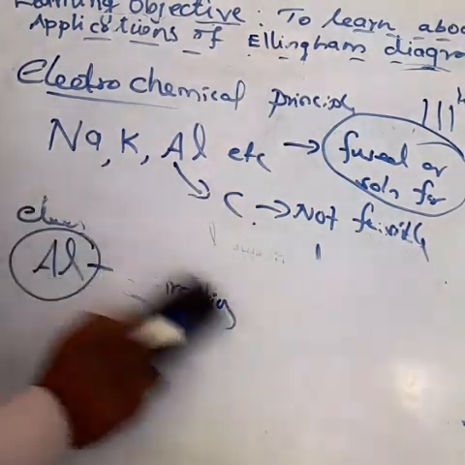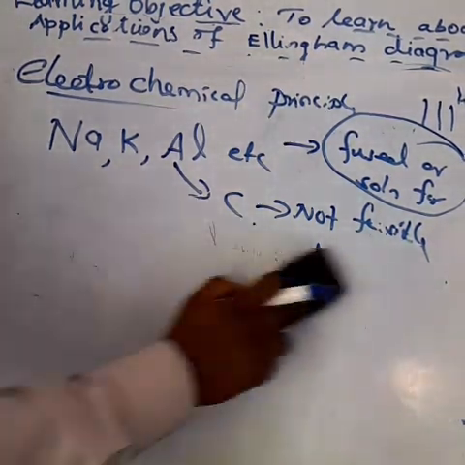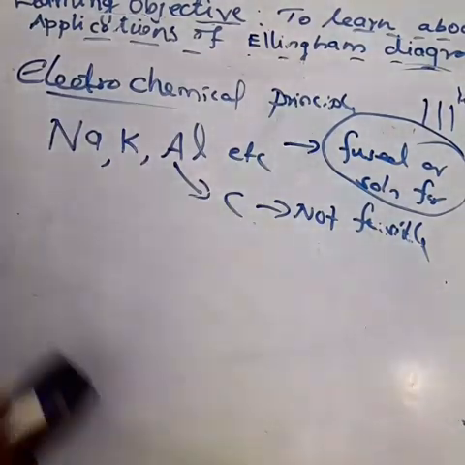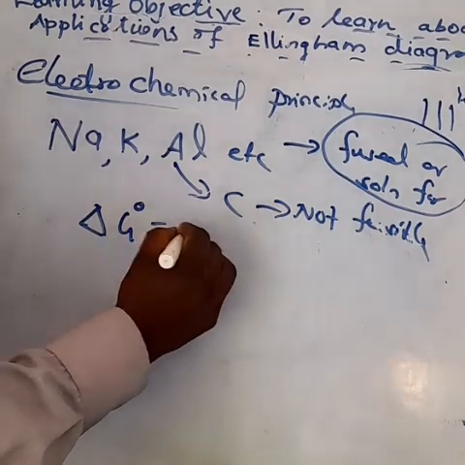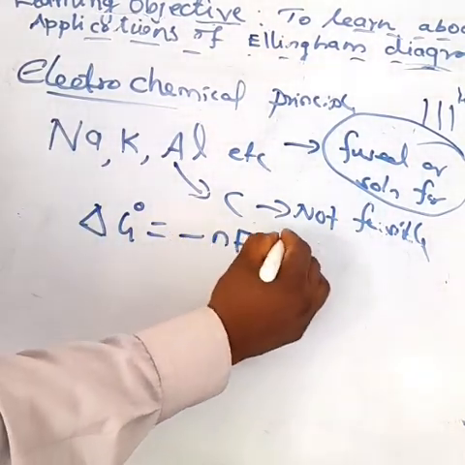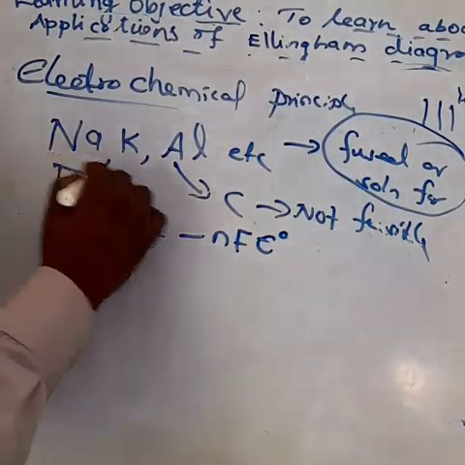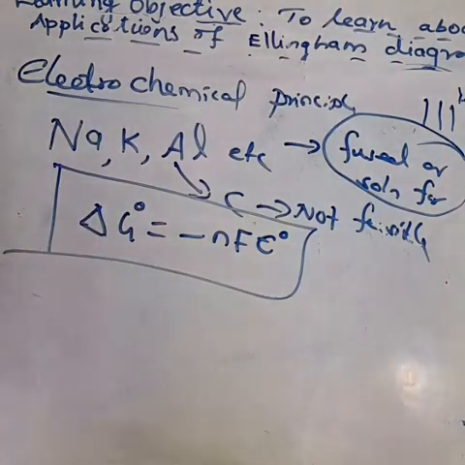Here also, the Gibbs free energy change for the electrolysis process is given by the expression delta G naught is equal to minus nFE naught.